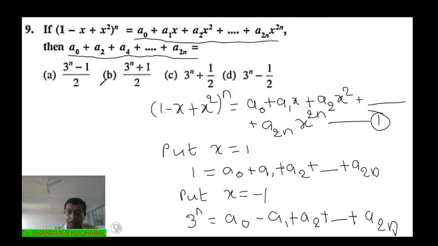Now see, we want to cancel odd terms, so we'll add all these. Plus a1 minus a1 cancels, so we get 2a0, 2a2, 2a4, like that.